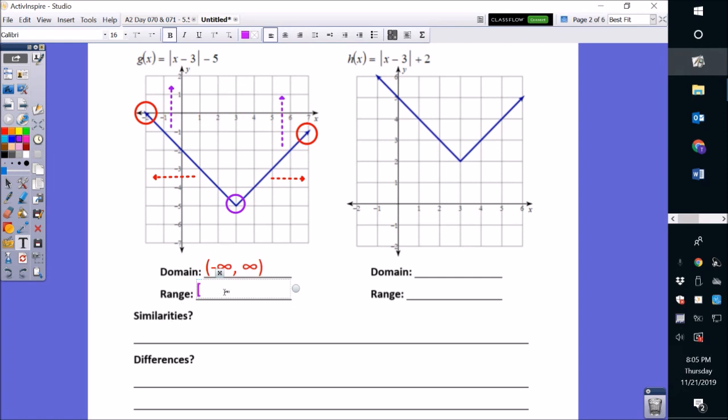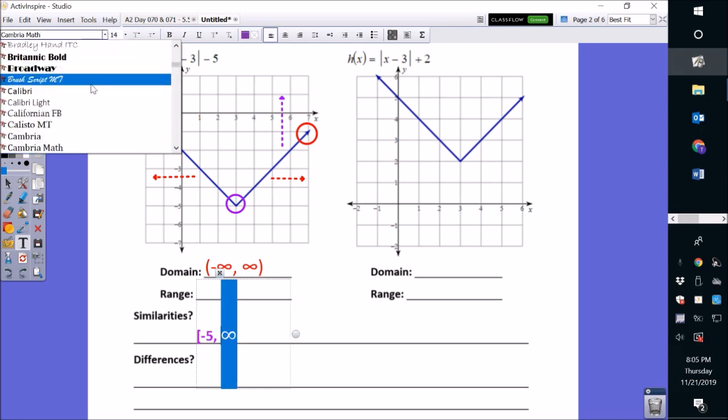And then we're going to type in -5, comma, and then now the top y value, it ties into the ends of the graph. As you can see on both sides of the graph, it goes up forever. So since it's going up forever, that means that it's going to go towards infinity. So it's similar to domain, but this time we only have one infinity.